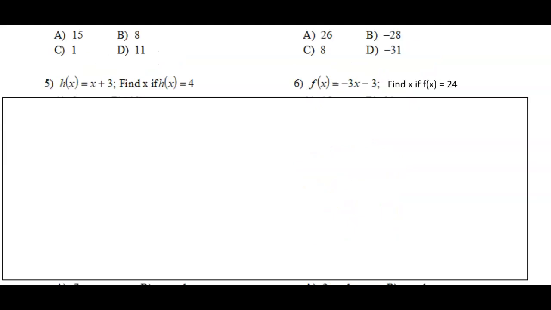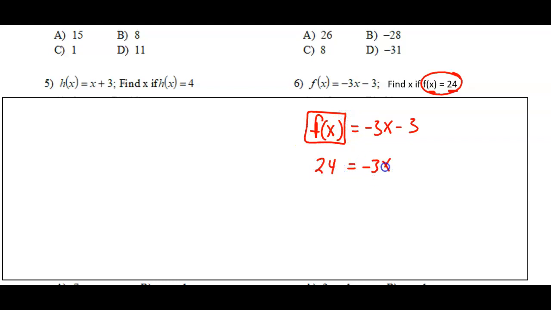All right, so for number 6, it's a little bit similar to number 4, but it's a little different also. So let's see what the similarities and differences are. On this one, you'll notice that the number that they give you is not plugged in here. What this means is that f of x equals 24. So I'm going to replace the f of x with 24, not x.